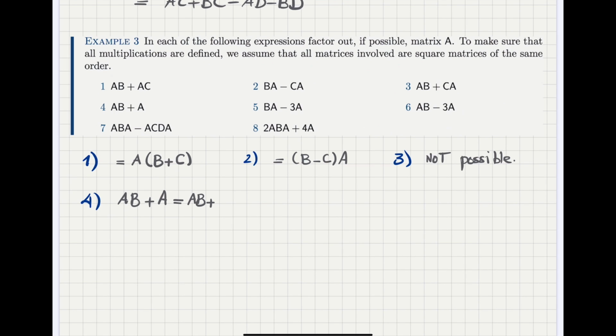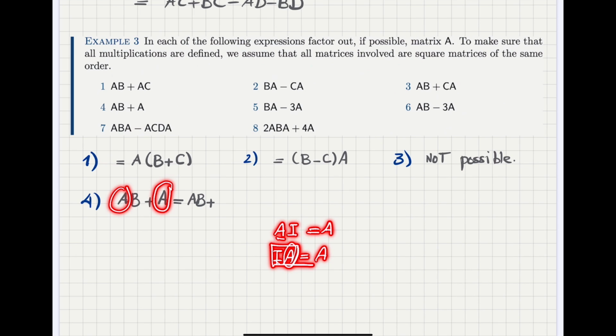Instead of A, I can write two things, because A is a square matrix. This is A times I, this is also A. Which one is suitable for this case? If I choose this one, then I will have problems because here A is on the right, here A is on the left, I cannot continue.